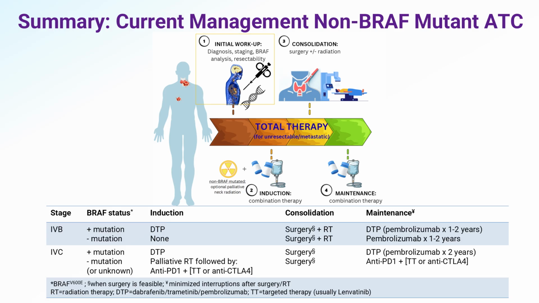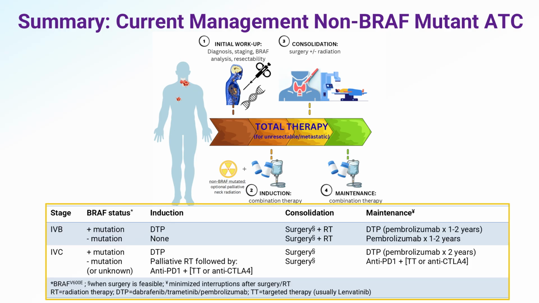This should then be followed by an evaluation for the possibility of giving palliative radiation to 4C patients, and then giving them a combination therapy with either a targeted therapy plus immunotherapy or dual immunotherapy, the IO-IO combination. Patients can then be evaluated for surgery and radiation and then put on maintenance therapy, meaning that they just continue these drugs for an indeterminate amount of time. And we're still studying that at the moment.